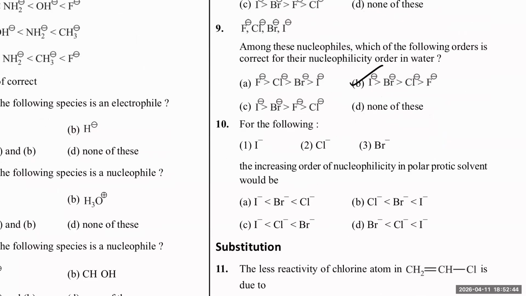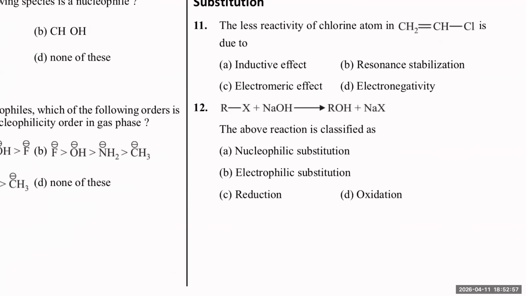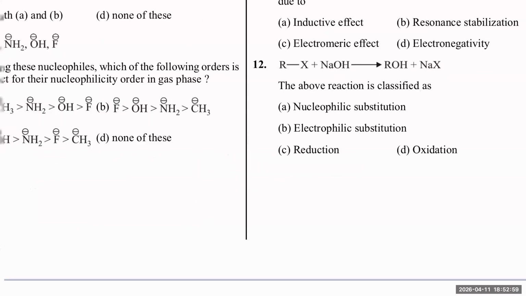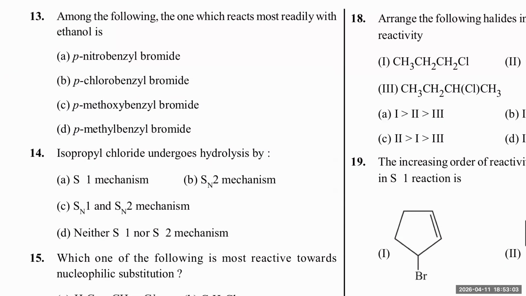Clear? If it is in polar protic solvent, iodine is greater than bromine, which is greater than chlorine. Okay, next, check out the 13th. Which reacts most easily with ethanol? Basically you have a benzyl bromide, and there is some group G here.